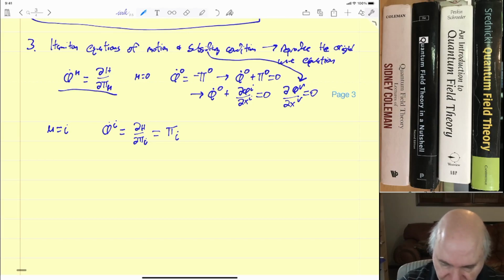Now, the more interesting equation is pi dot mu equals minus the partial of h with respect to phi mu. So again, let's do the mu equals 0 component first.